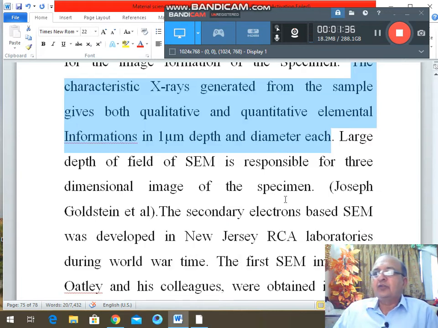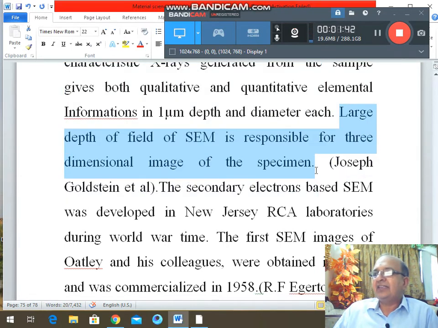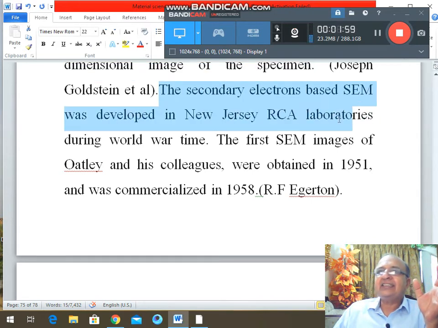The large depth of field of SEM is responsible for the 3-dimensional image of the specimen. So, a 3-dimensional image of the specimen can be obtained if the field has a large depth. The secondary electron based SEM was developed in New Jersey at the RCA laboratories during World War time.